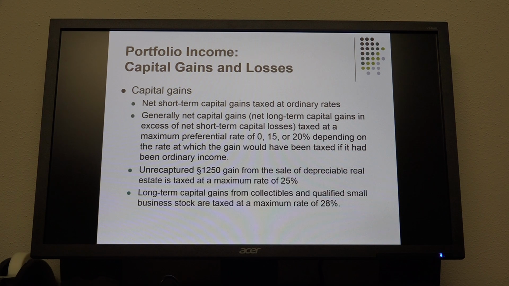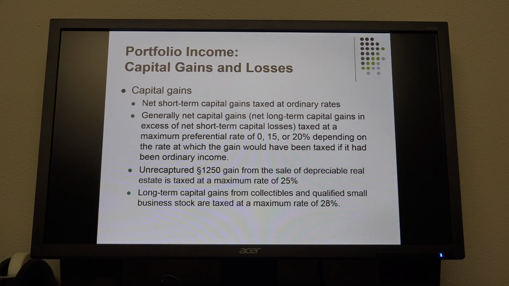And then you're also, if you have any, going to compare your short-term capital gains against short-term capital losses, and you're either going to have a net short-term capital gain or a net short-term capital loss.